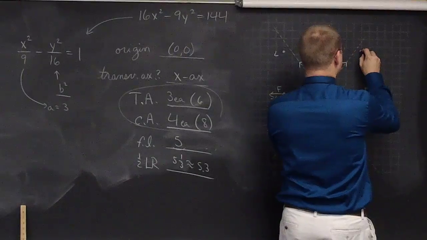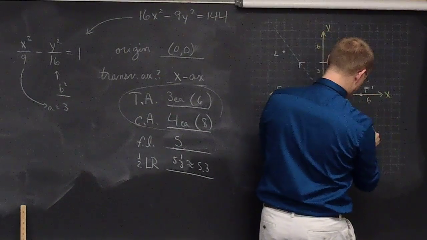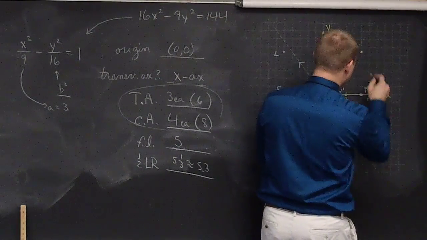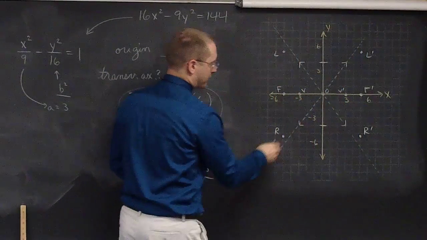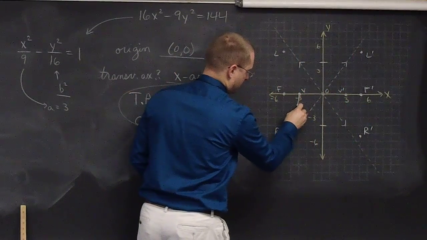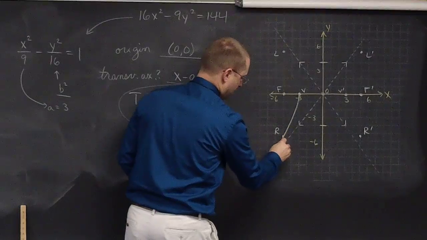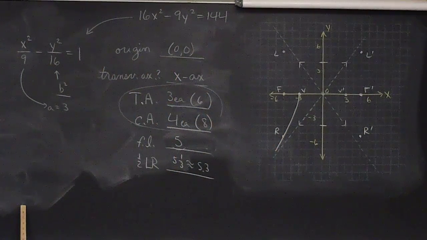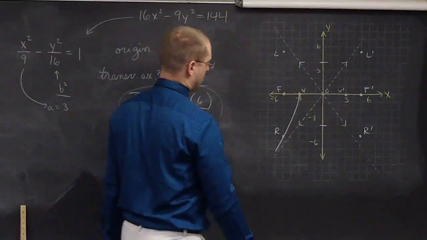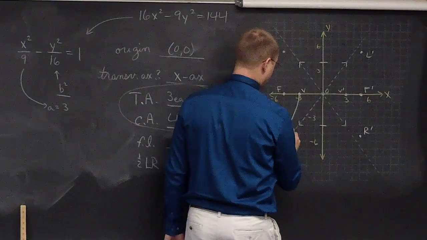Up 5 1/3. Down 5 1/3. Again, start at the vertex, and curve so you're approaching but not touching. And retrace.